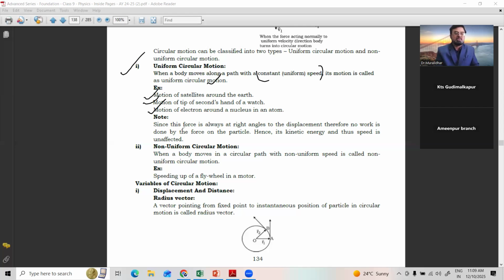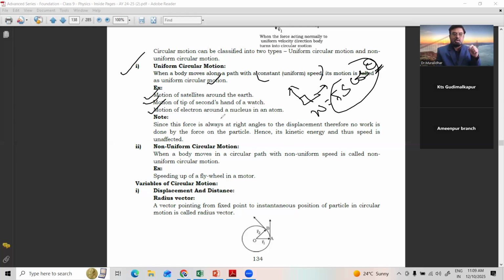Since the force is always at right angle to the displacement, no work is done by the force on the particles. You know, a right angle is 90 degrees, and when it is 90 degrees, work done is 0. W is equal to F s cos theta, we have seen. When theta is 90 degrees, total work done is 0.